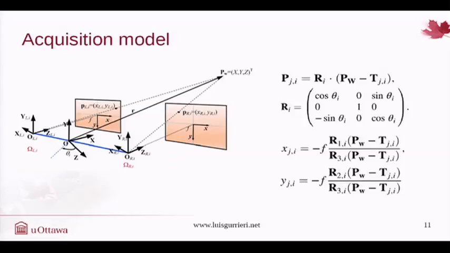Now, coming back to this model, any point of the scene can be represented in the reference frame of each one of the cameras by this equation, where R is the rotation. In this case, the 2 cameras are restricted to the XZ plane, and theta sub i represents the azimuth sample angles in between. Y is always parallel to the Y of the global reference frame.